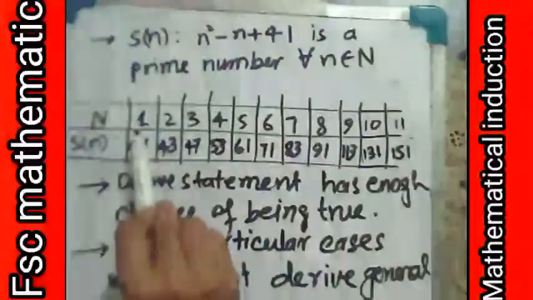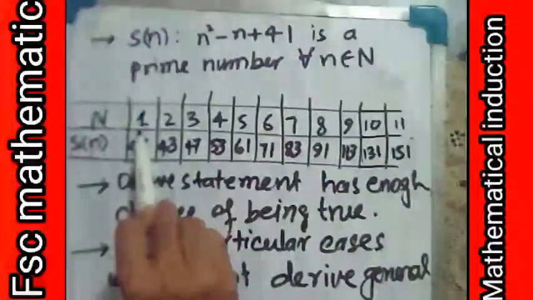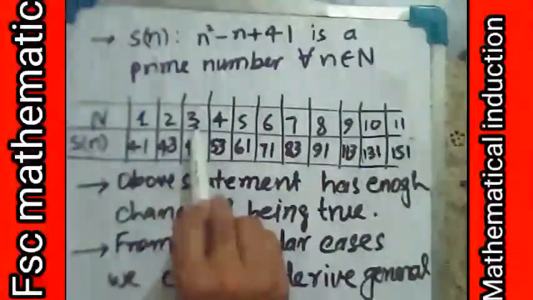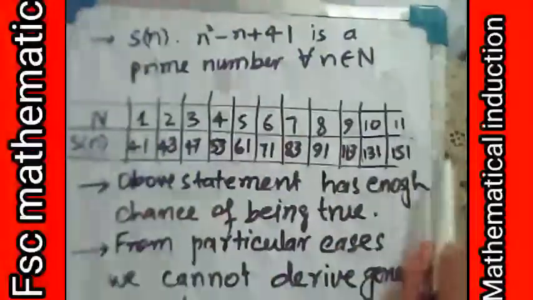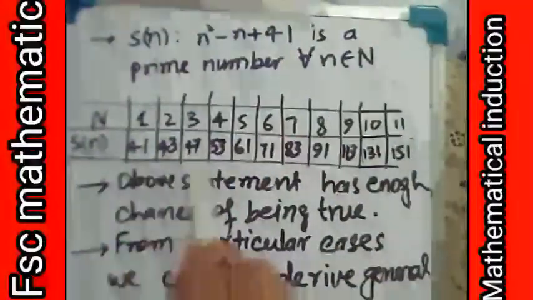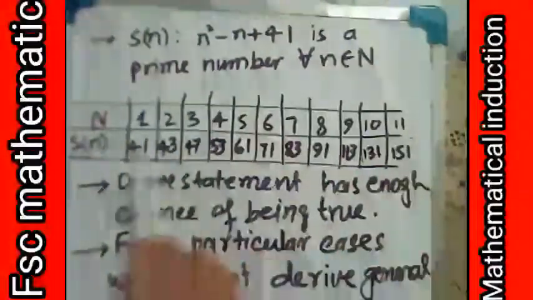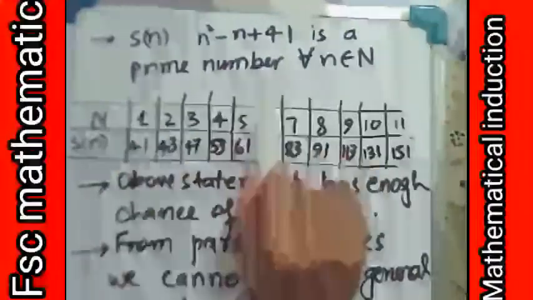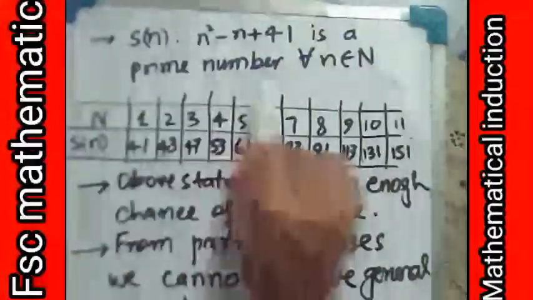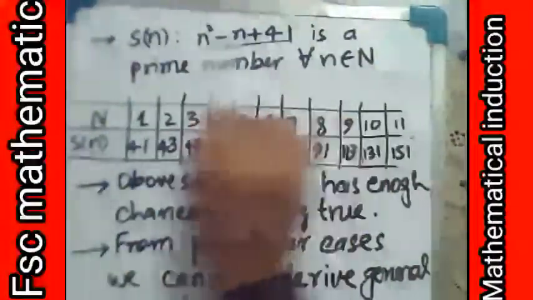These are particular cases: when the value of n is 1, 2, 3, 11. In these particular cases, we found prime numbers. So from these particular cases, we cannot conclude the general statement that this is always a prime number.